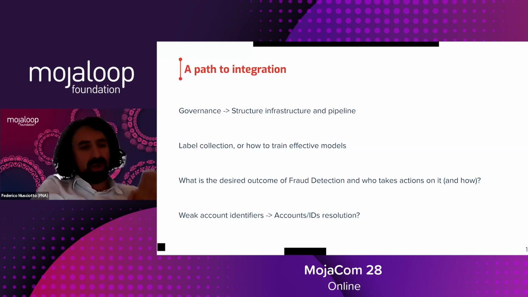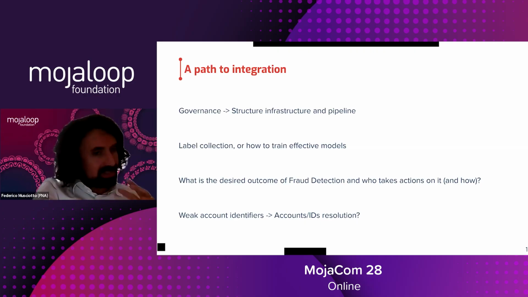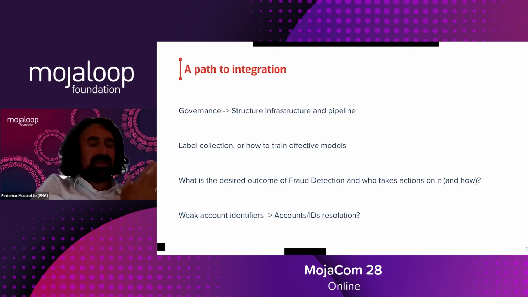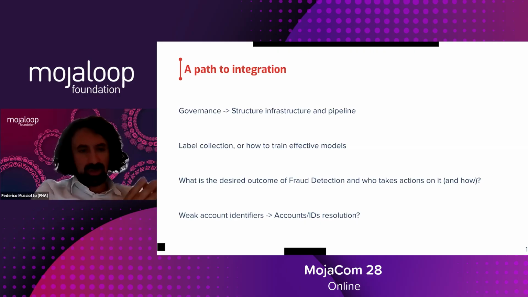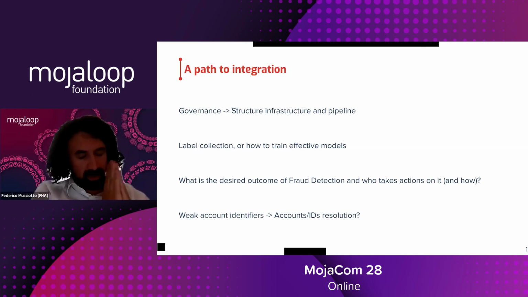And so we need to have some labels. We can discuss also how to put in place a system to collect these labels. And again, we are quite flexible with respect to this, but the goal is to have some labels put together so that we can train our model.